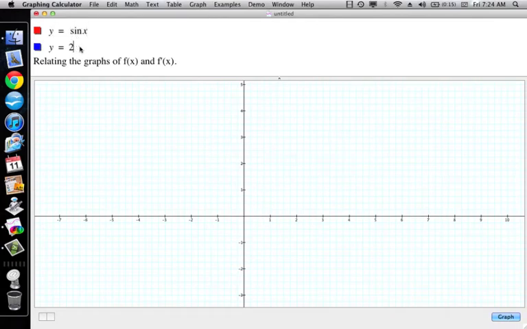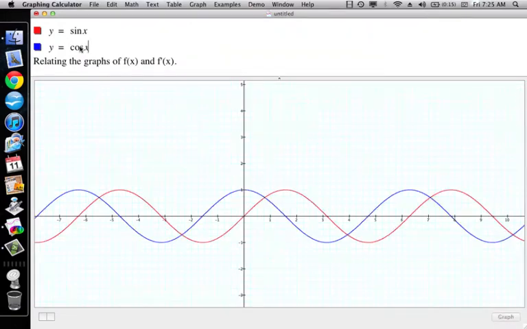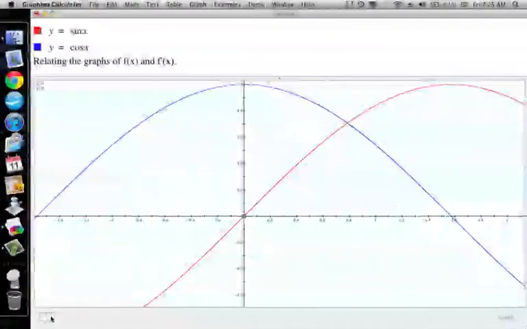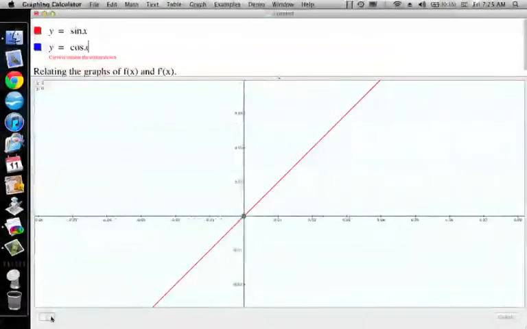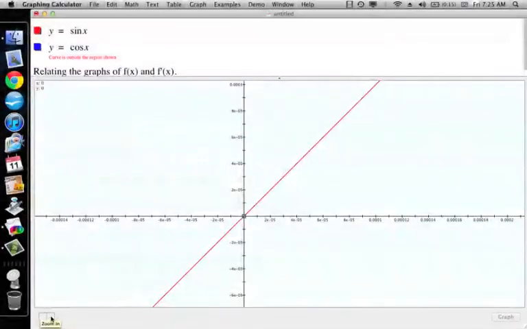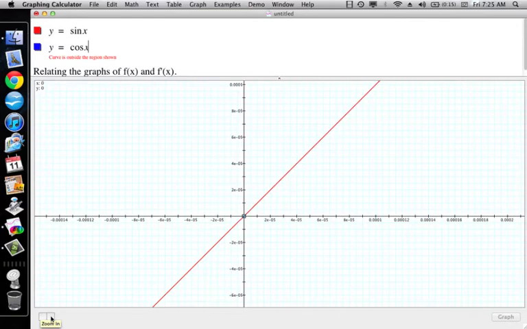We talked about this one, y equals sine x, and its derivative is cosine x. So you can see if I zoom in on this point, and I zoomed in way farther than I needed to, but basically that's my f of x.